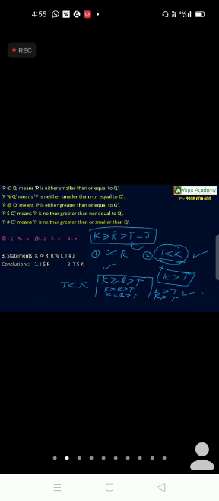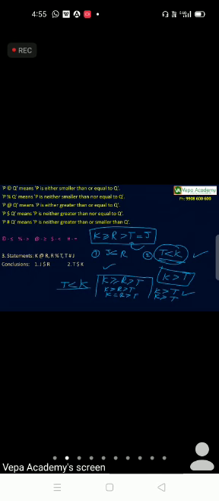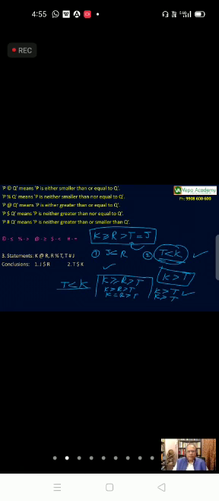T is less than K. That is what they have given here. So can we declare it as valid? Any doubt about it? So the conclusion is valid beyond doubt. Is it clear now? Good.